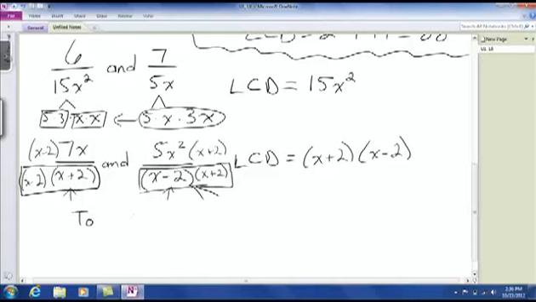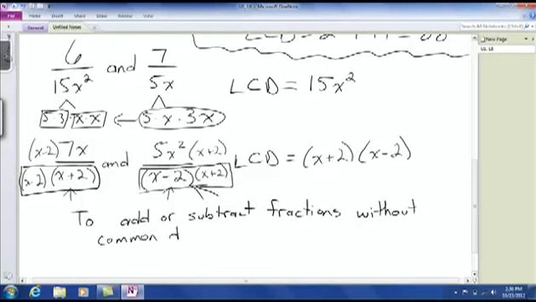To add or subtract fractions without common denominators. Well, that's a funny statement because we can't add or subtract fractions without common denominators. That was supposed to be a colon. Let's see if I can make it work.